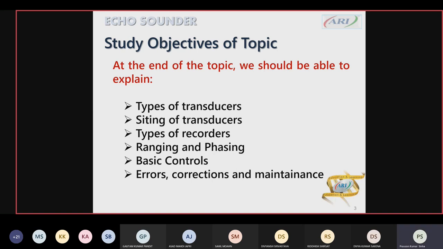Then what correction should be applied to that when we want to read it and compare with the charted depth? जो चार्ट में डेप्थ बता रहा है उसको इको साउंडर से मैच करने के लिए क्या करेक्शंस लगाने चाहिए, that we will see. Something of maintenance also, how to keep the system running in good condition so that it gives proper readings.